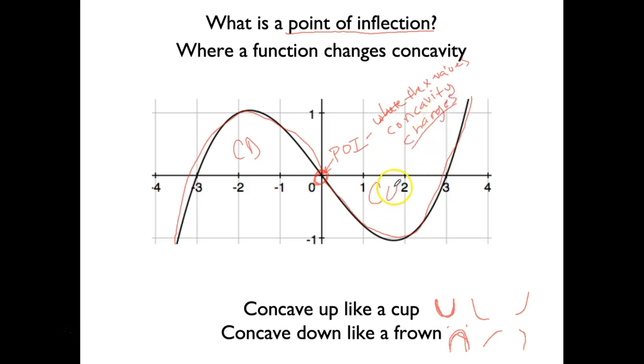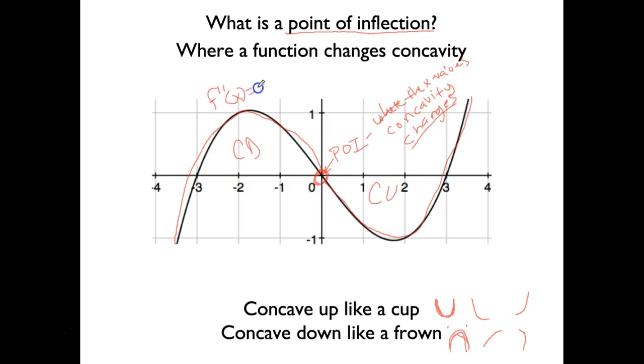The concavity must change in order for it to be a point of inflection. And in order to look at this concavity, we need to look at the second derivative, okay? This concave down, if you look at the second derivative, which I showed you how to find the second derivative algebraically, it's easy. You just take the derivative twice.